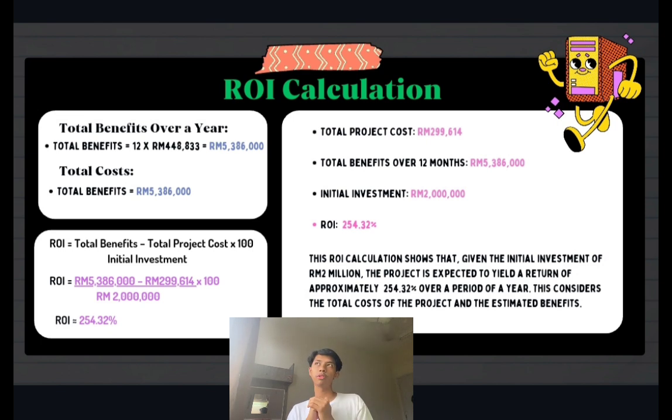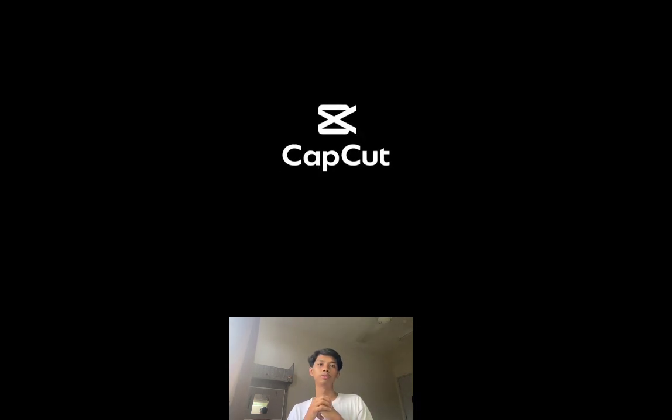So the percentage ROI for our project is 254.32%. So it's quite big, and we are satisfied with our project and our profit. So the project will give advantage for our company to grow big. So that's all from me.